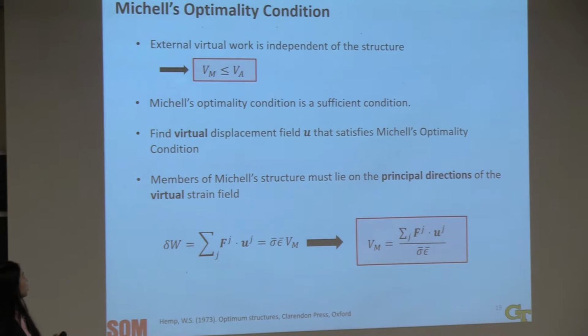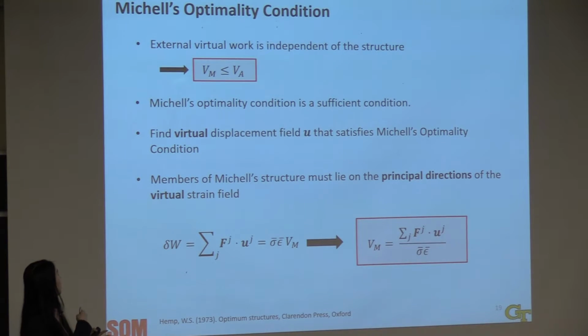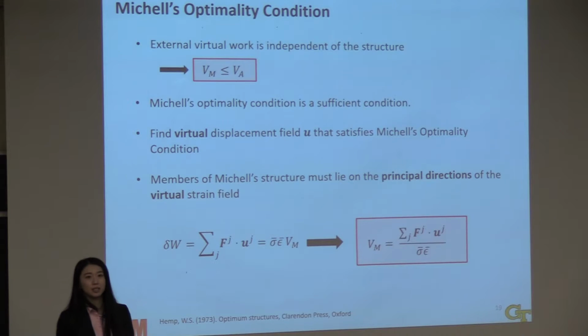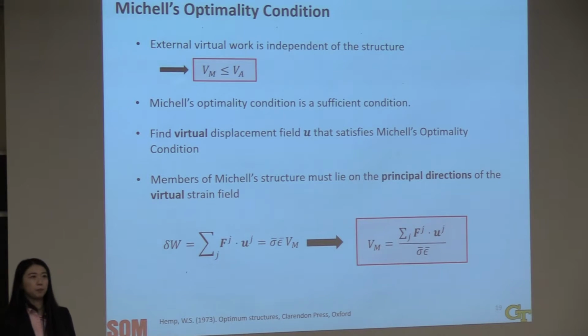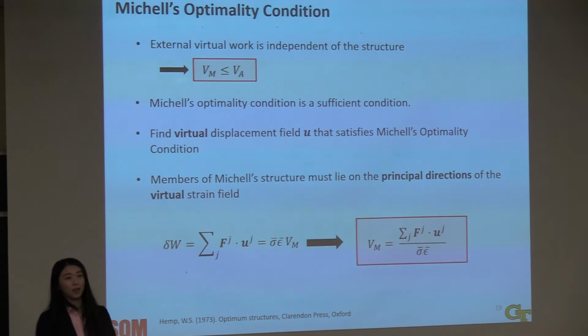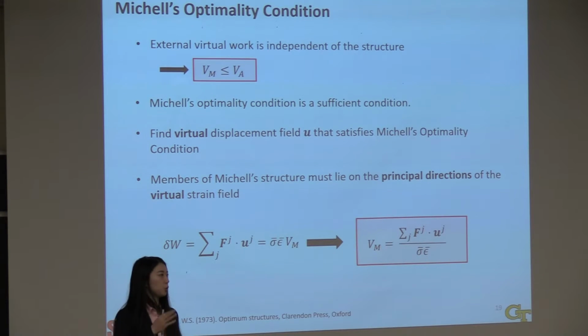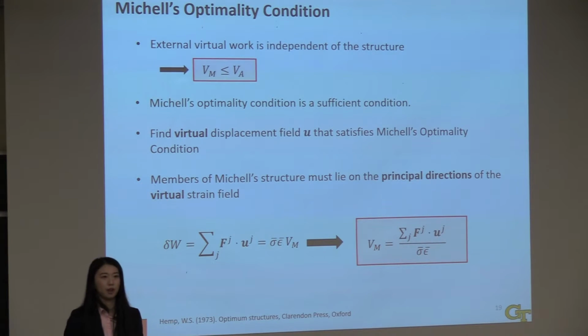And so the procedure of finding the minimum volume for a given set of forces is as follows. First, we need to find the virtual displacement that satisfies the Michell condition. Then a very important feature of a Michell truss is that all the truss members must lie on the principal directions of that virtual strain field, because the principal directions give you the largest strain and stretch.